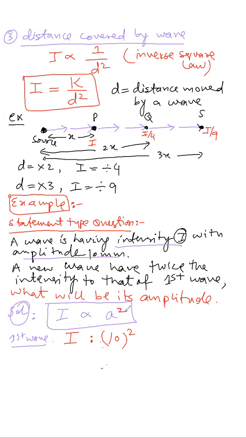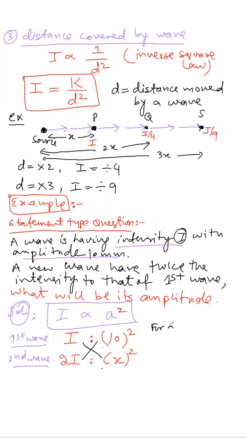Now you have to do this for the second wave. For the second wave, the intensity is twice, so it is 2I, and you need to find the amplitude. You can write the unknown as x, but you have to take the square because in the main relation it is a square. So as these two are directly proportional to each other, whenever two things are directly proportional, you can cross multiply them.